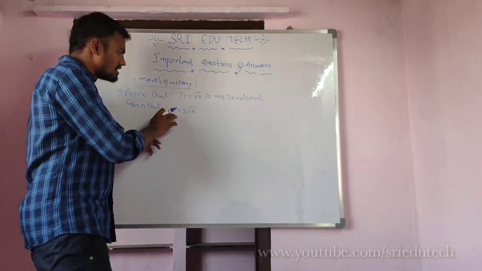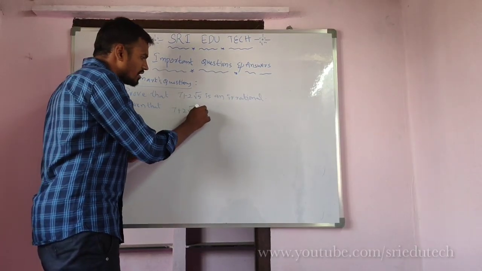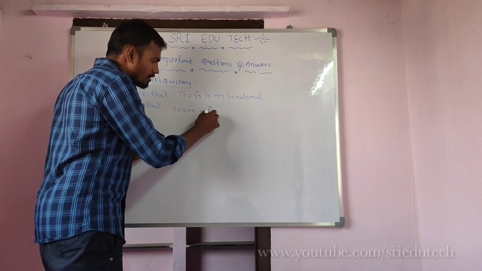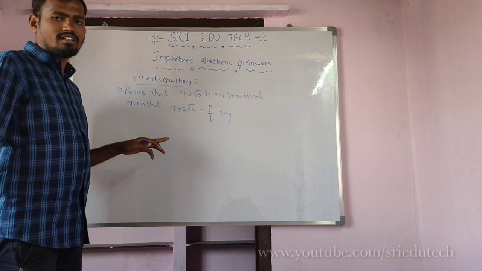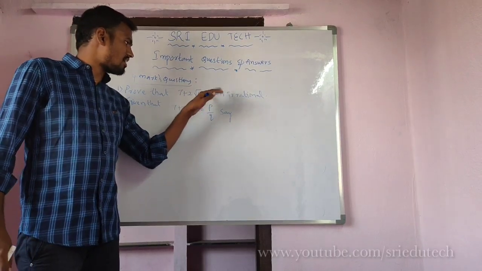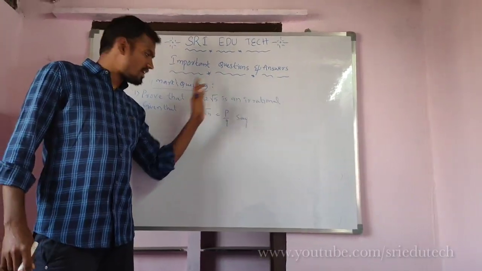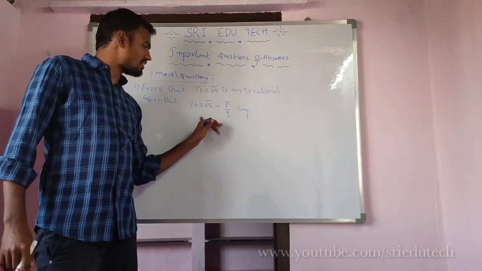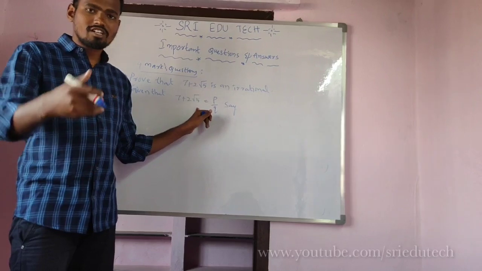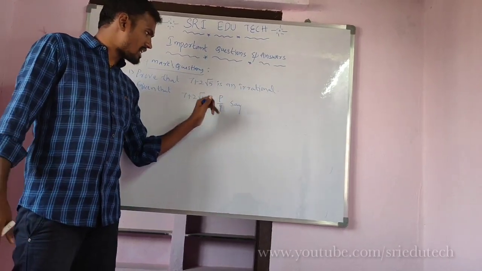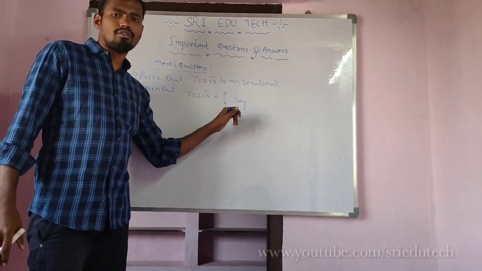Then 7 plus 2 root 5, assuming it is rational, is p by q. Right? So what is a rational number? It is p by q form, no? That's why I am writing here p by q.